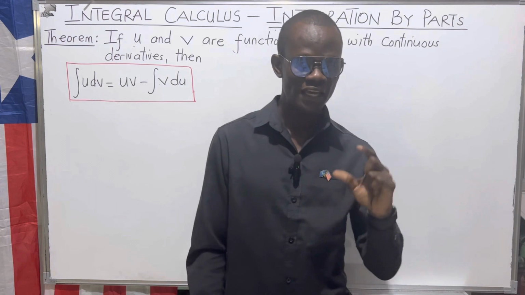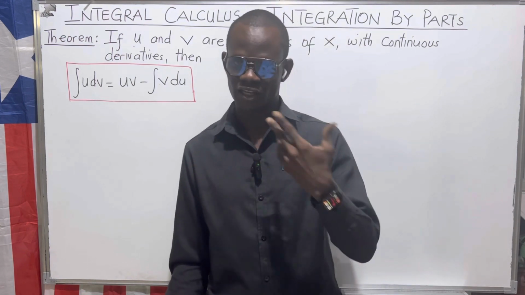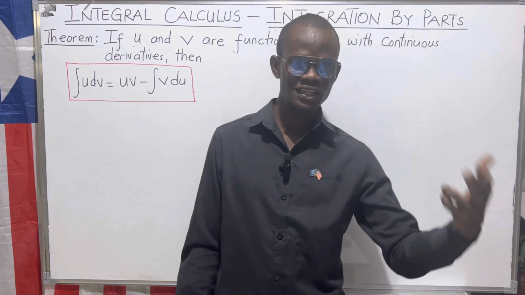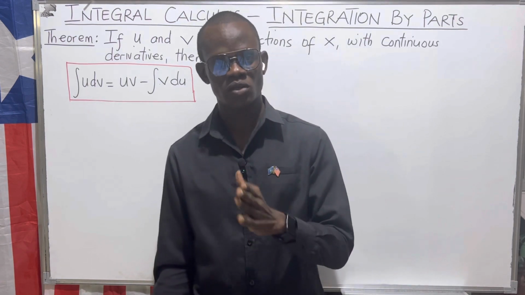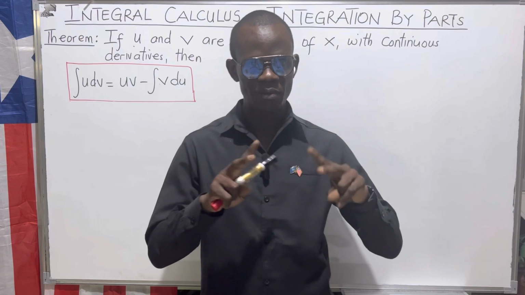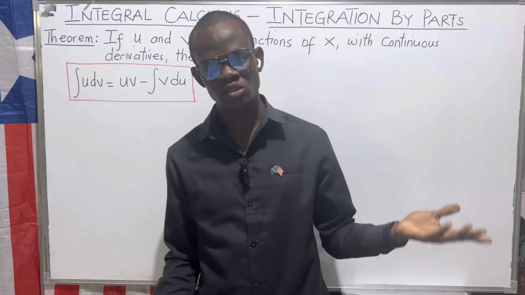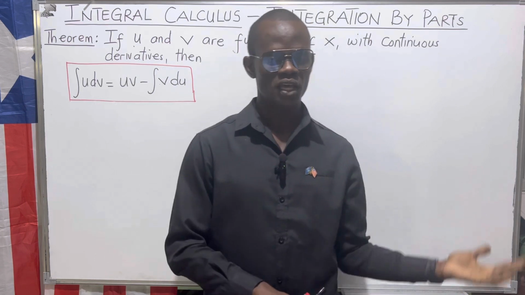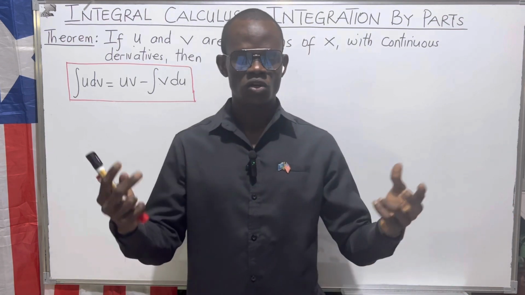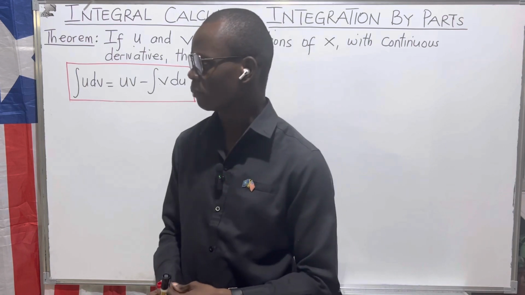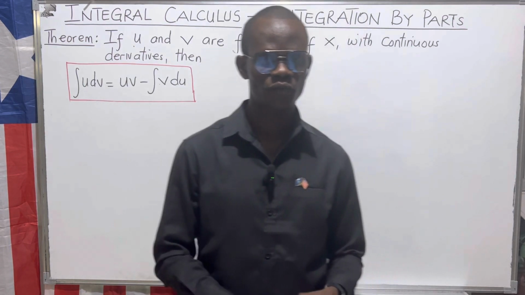Say we also have x sine x, another product of two functions, or e raised to the power x times cos x. You can have algebraic, trigonometric, logarithmic, or exponential functions. Whenever you have two functions combined, you can apply the integration by parts method to solve the problem.